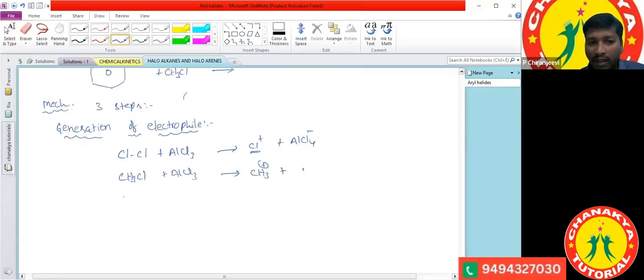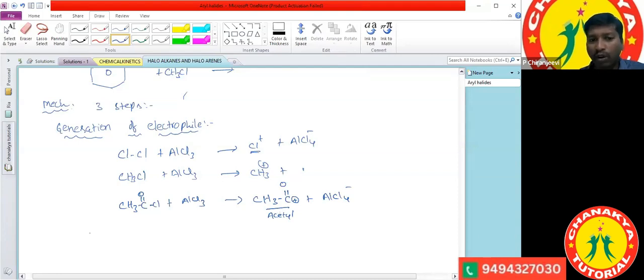And acyl chloride, that means CH3, C double bond O, Cl, plus AlCl3. In this one, what is the electrophile? The acetyl group, that means CH3, C double bond O plus. This group is called an acetyl group, plus AlCl4 minus. The acetyl group is the electrophile.